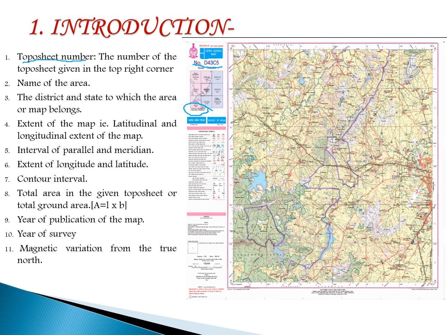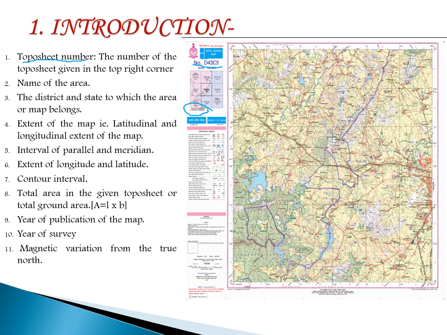Like this you have to write the latitude, and for longitudes you have to see the vertical lines, okay. The vertical lines show here 74° 30 minutes to 74° or 75° 0 minutes. Like this you have to write the latitude and longitude of the map.